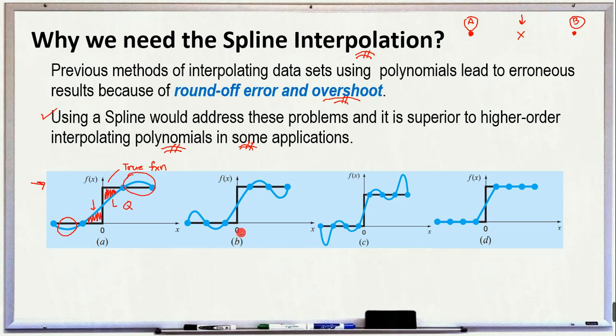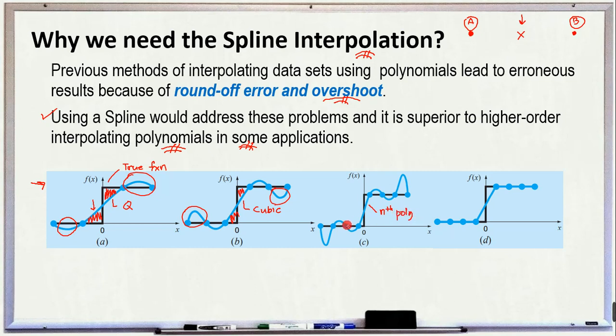For letter B, this is cubic, still under interpolating polynomials. So sa cubic, still naghapoy overshoot, nangalapas, naghapoy mga errors nga present. And then for letter C, this is nth order nga polynomial, no? Higher order na. It could be like fifth polynomial, 5th degree, 6th degree, so on and so forth.